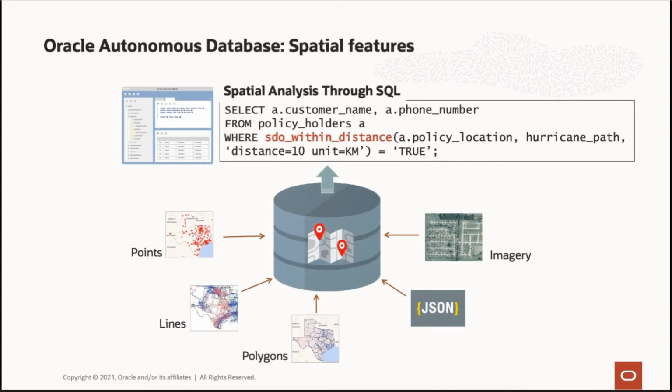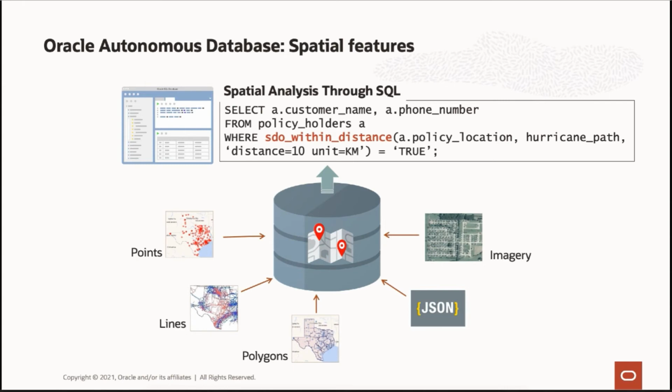Within Oracle Autonomous Database, and Oracle Autonomous Database Shared in particular, there's a set of native spatial capabilities whereby you can store spatial data, points like geocoded address locations, lines like utility alignments, polygons like sales territories, for example, natively within the database with a native data type.